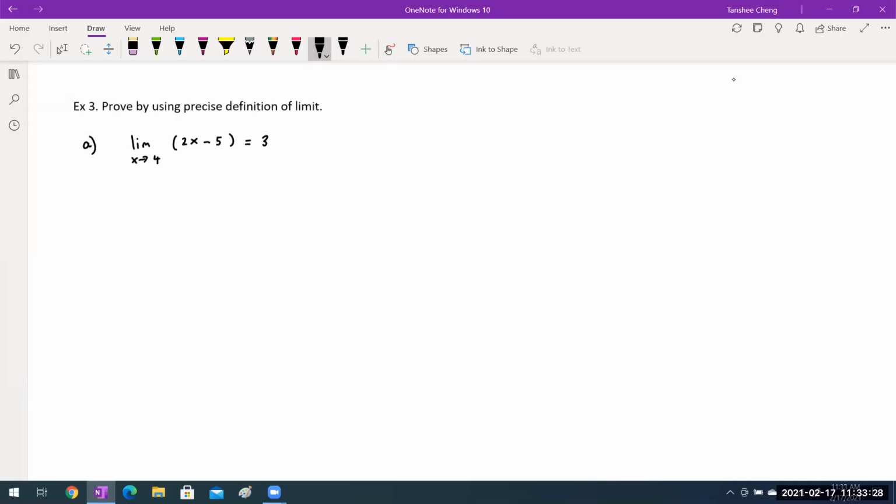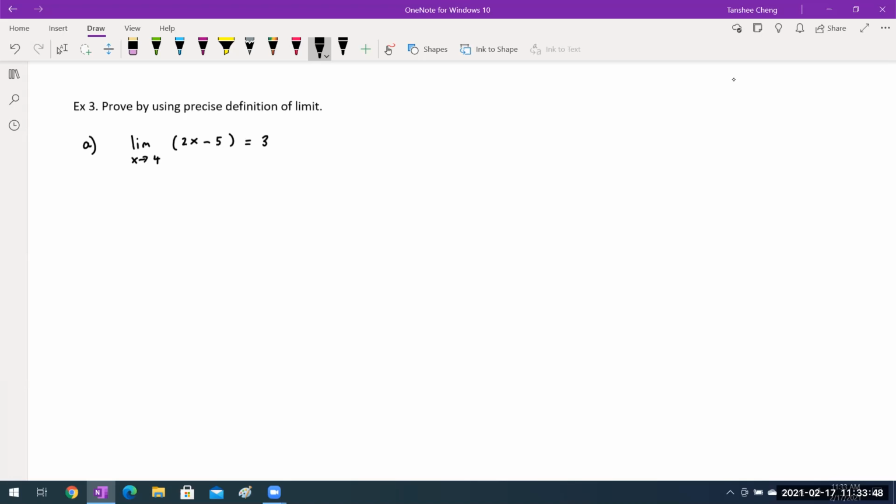So example 3, we want to use the precise definition to prove the following limits. A, the limit as x approaches 4 of 2x minus 5 is equal to 3. This is a linear function, and by direct substitution, when you plug it in, this statement is true.